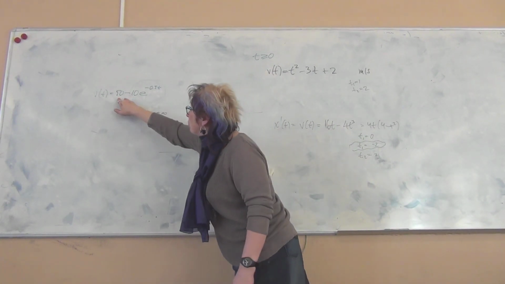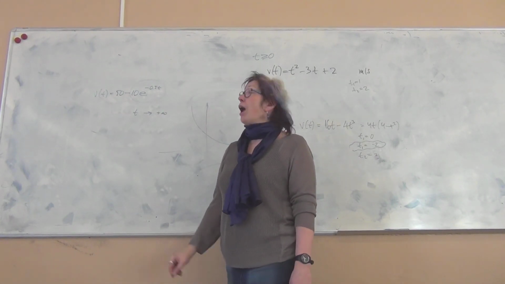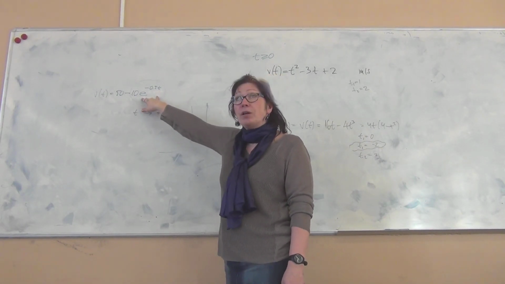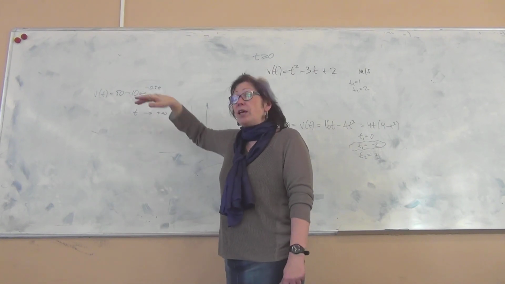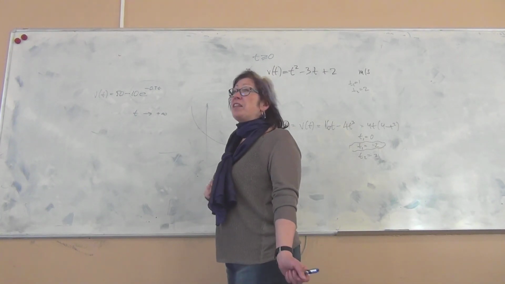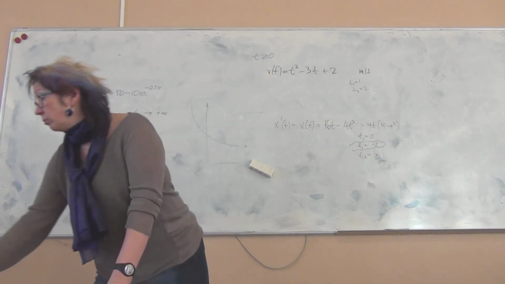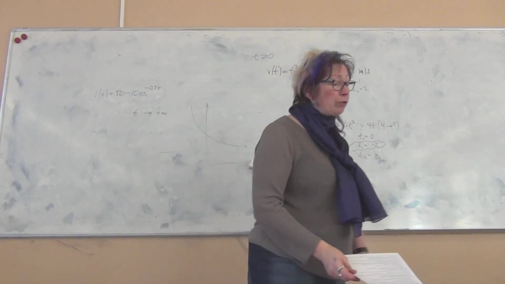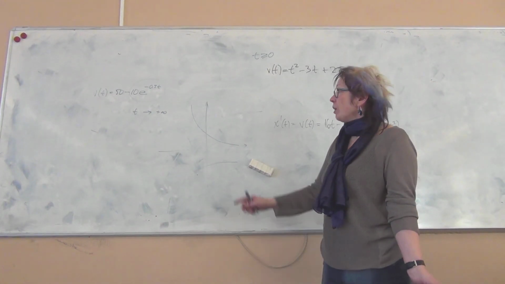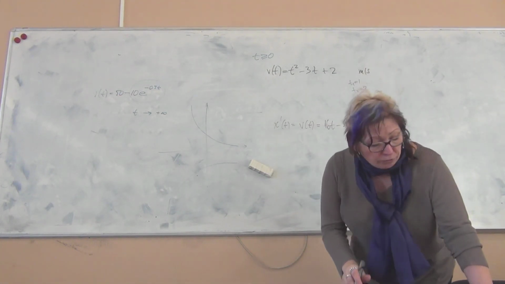If I subtract something very small from 50, it's almost 50. And the longer we go on, the smaller this part becomes, so the less we subtract from 50, which means as time tends to infinity, the velocity approaches 50. That's the discussion. You don't even have to write limits or do graphs. It's enough that you look at the properties of the function, in this case the exponential function.